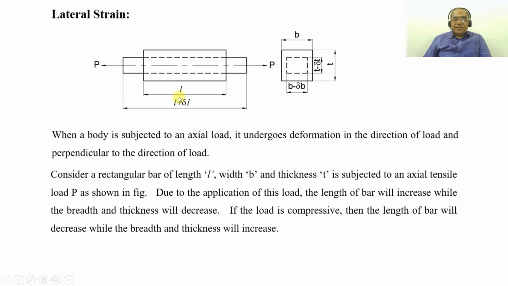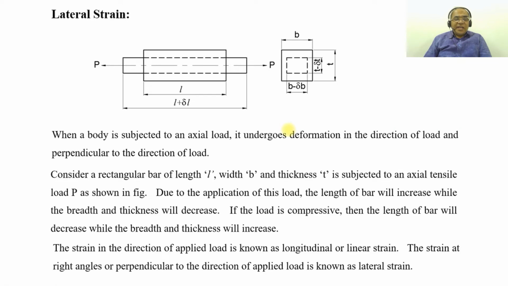If the load is compressive, then the length will decrease and the area of cross section, that is width and thickness, will increase. The strain in the direction of the applied load is the longitudinal or linear strain. The strain at right angles, or perpendicular, to the direction of the applied load is the lateral strain.